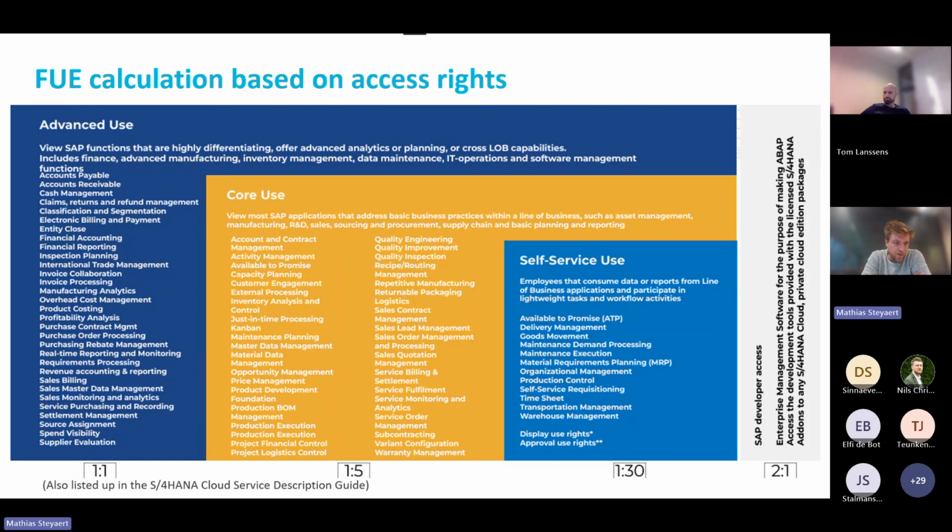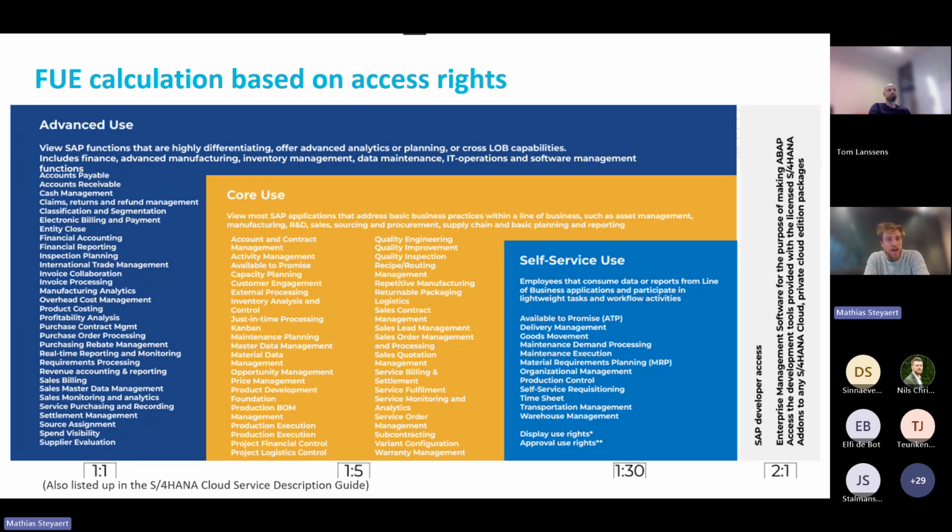We can also find that purchasing, contract management, and purchase order processing is advanced. Sales master data management, and for instance also supplier evaluation. So if your user has these kind of rights via his or her roles, this user will be an advanced user and will relate to one FUE.